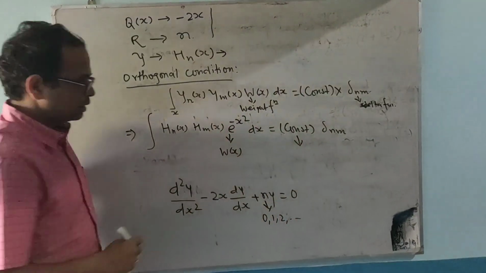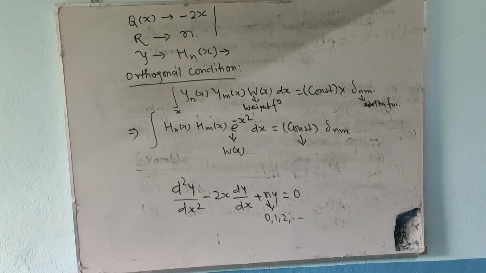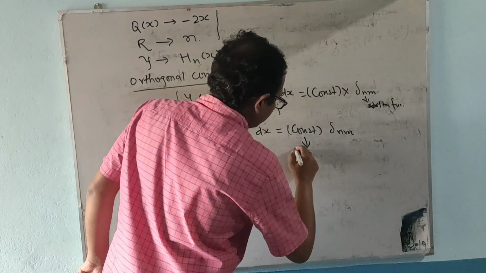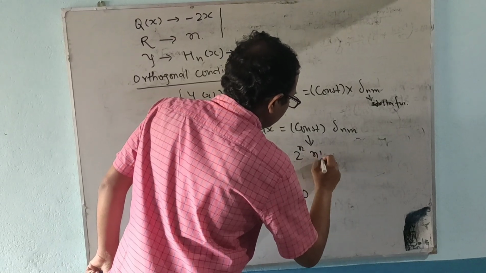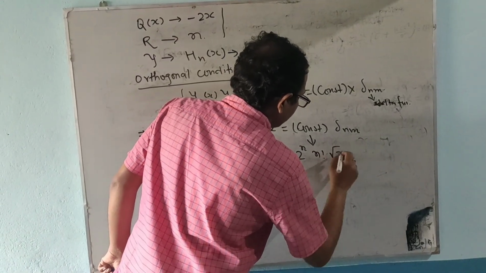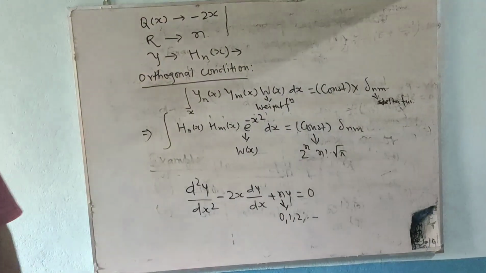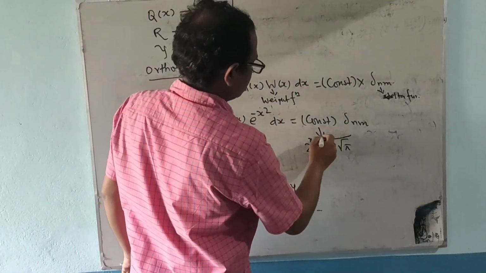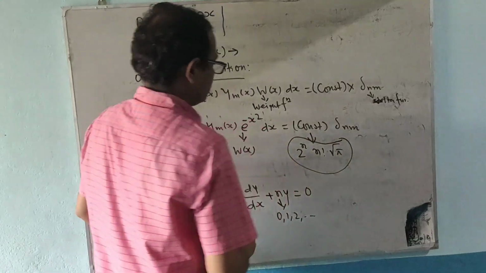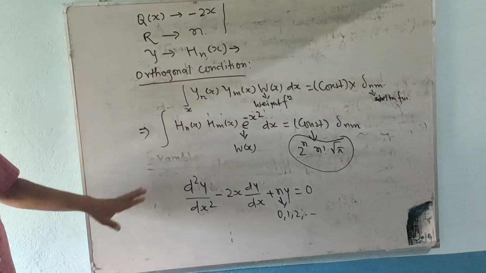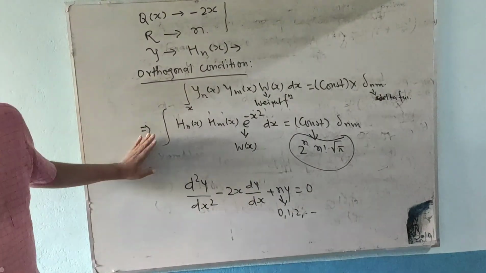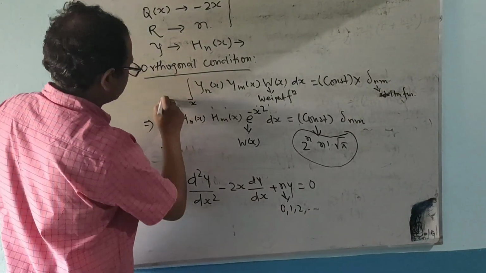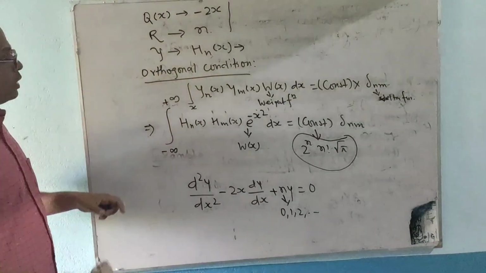And this constant for the Hermite case is nothing but 2 to the power n, n factorial, root over pi. This is the constant. Okay? This is well known. So for the Hermite case, it is like this, and the range goes to this one.